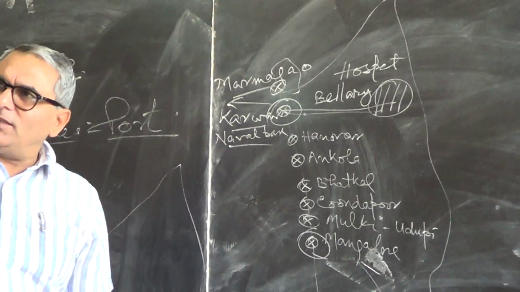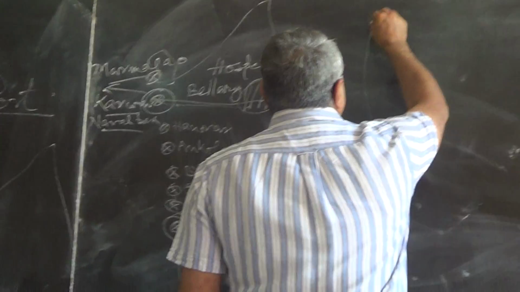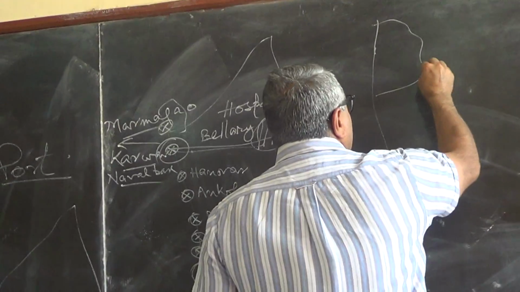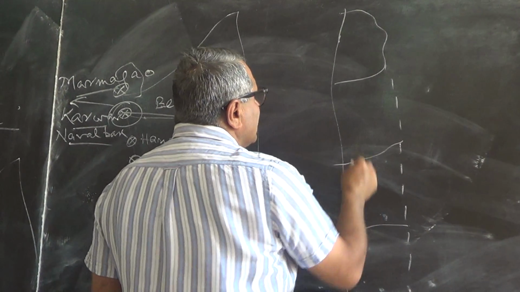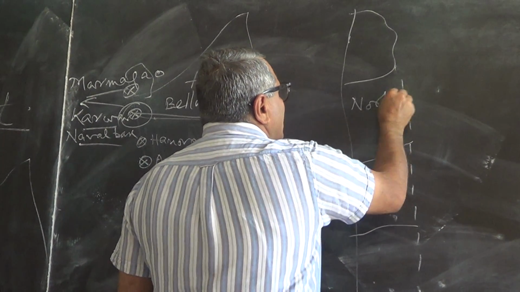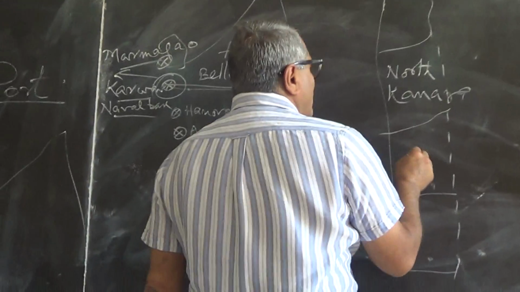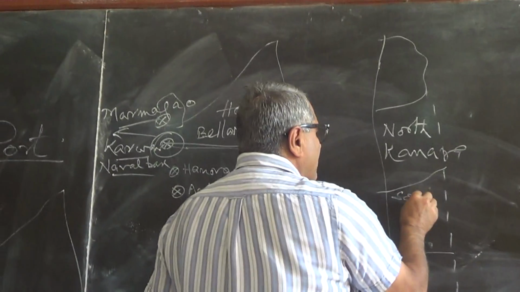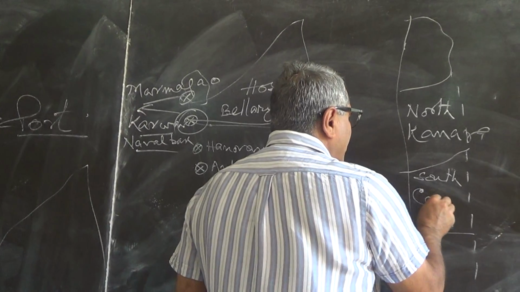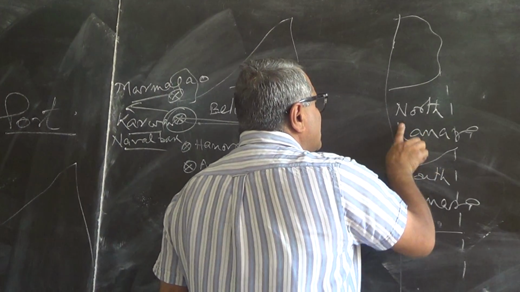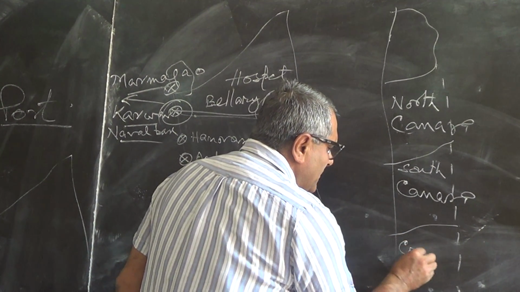There are 3 districts of Karnataka. If I draw it, this is basically Goa, and this is the water divide. This is known as North Kannada district, then South Kannada, sometimes Canara, and this is Kodagu district.